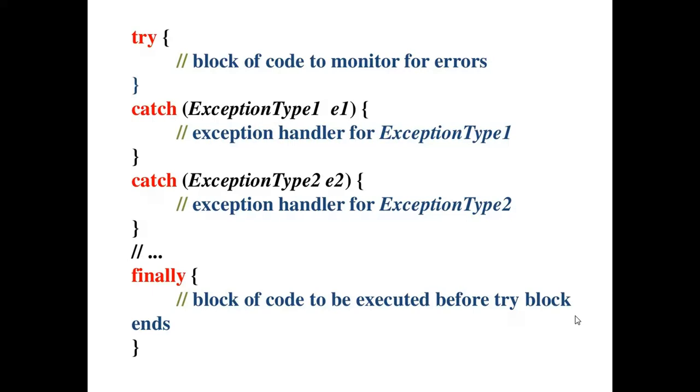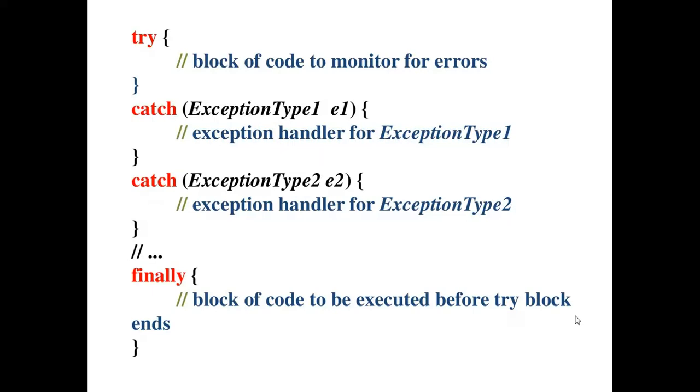If the error occurs, then that error is thrown by the Java compiler, and the errors are caught by the catch block. So you can see I have written two catch blocks. If two different exceptions are thrown by the try block, then we have to write two catch blocks.